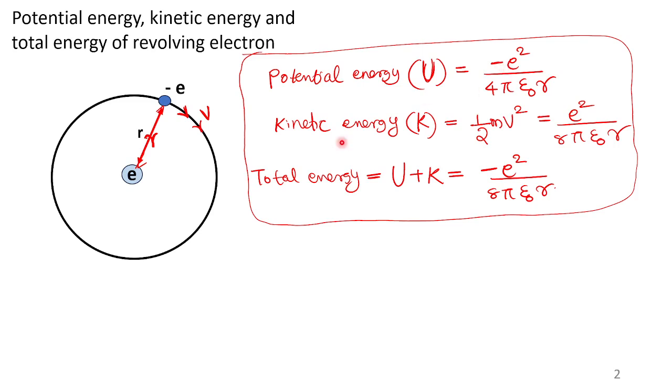Please note it. And since it is moving, the electron is not stationary. It is moving with some velocity v. Suppose the mass of the electron is m. Clear? The mass of the moving electron is m. Suppose it is moving with the velocity v.